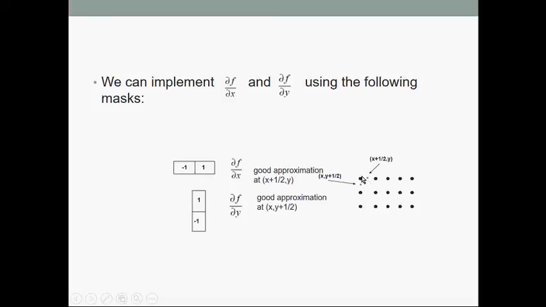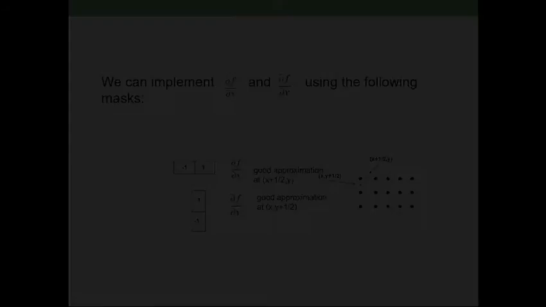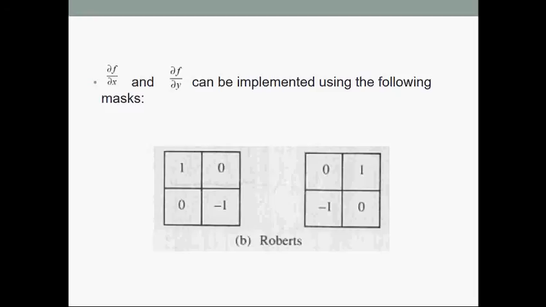If I apply it in the y direction, the resulting pixel will be approximated into this. So it contains no center pixel. That's why this technique is not widely used. This is the first technique, developed in 1963 by Roberts, and it is the basic technique of gradient based functions. These are the two masks defined by Roberts.